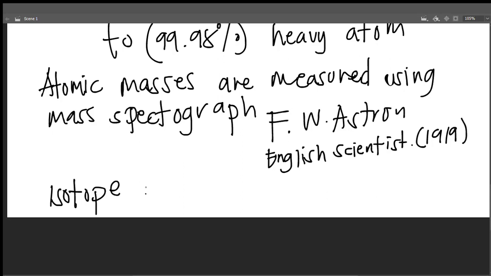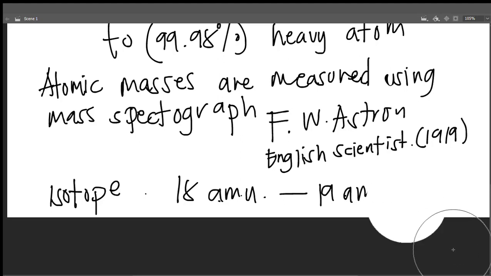So if, for example, an element has a mass of 18 AMU, atomic mass unit, and another isotope has 19 AMU, in a mixture of both isotopes, an equal number of atoms of each isotope is present.